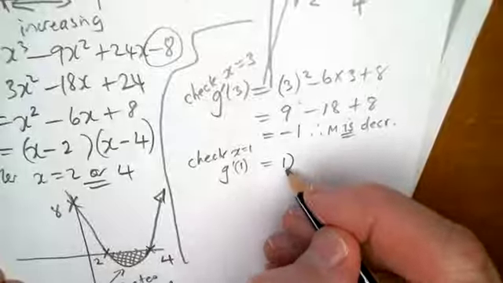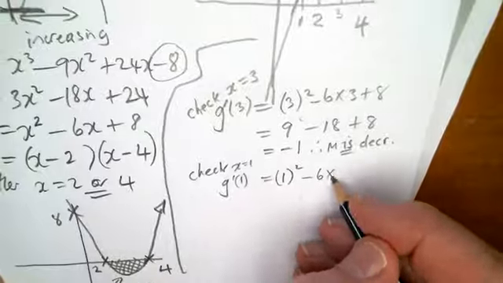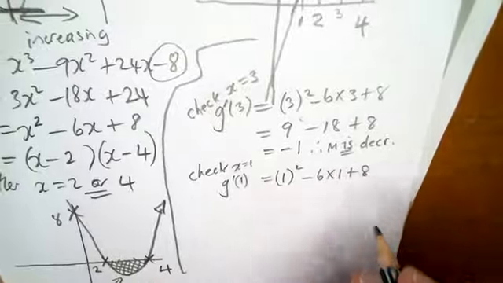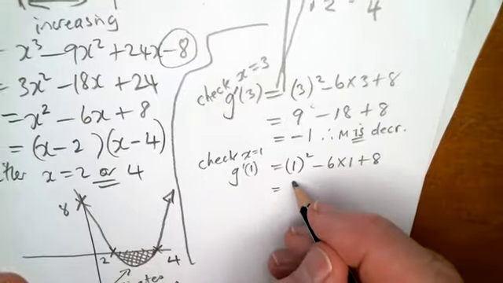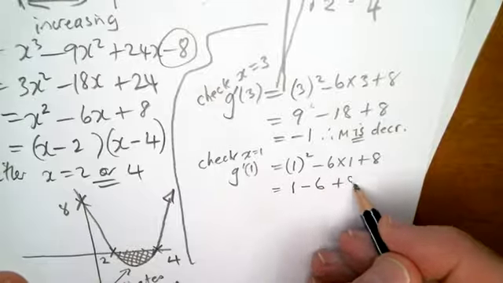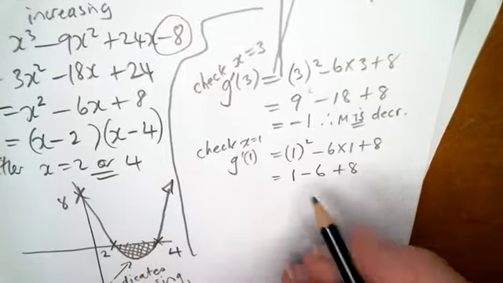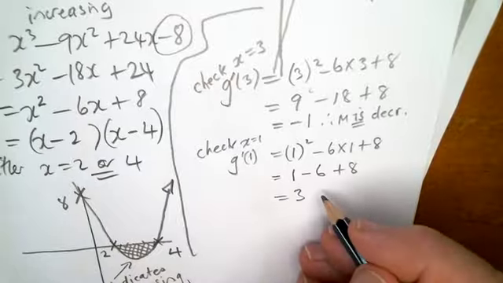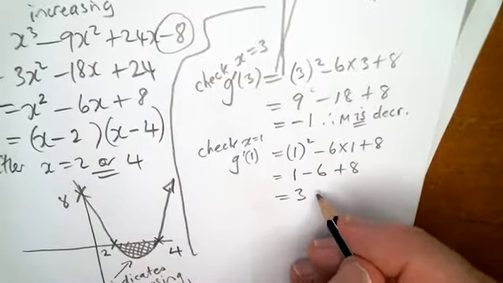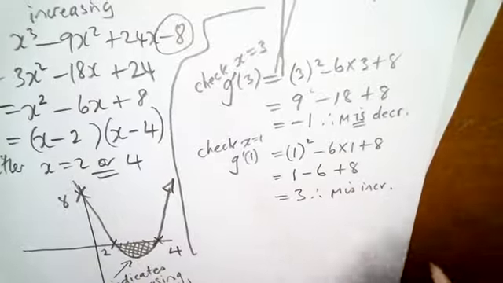So I'm going to have 1 squared minus 6 times 1 plus 8. So that's going to equal 1 minus 6 plus 8. So 1 minus 6 is negative 5, plus 8 is 3. So it's a positive gradient. Therefore, it is increasing. Yeah?